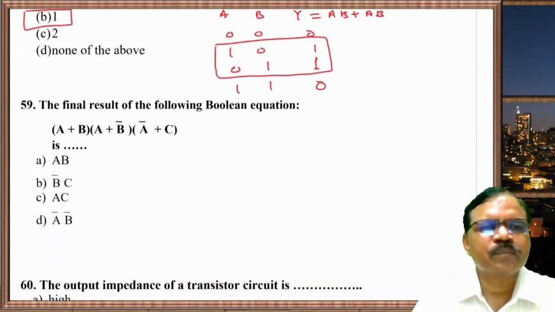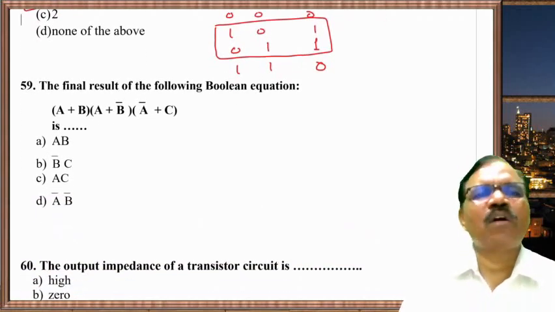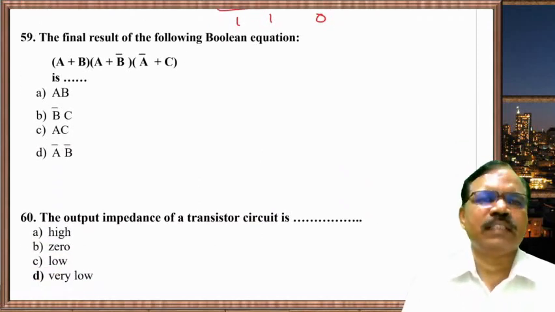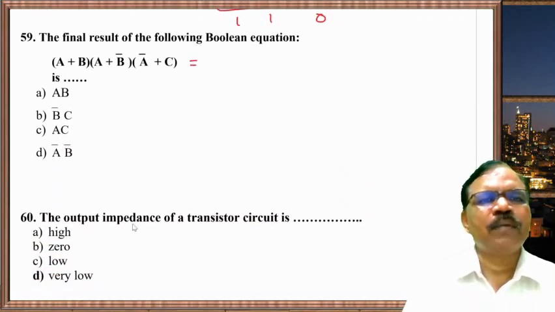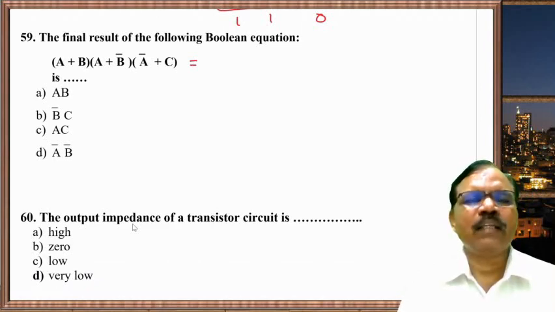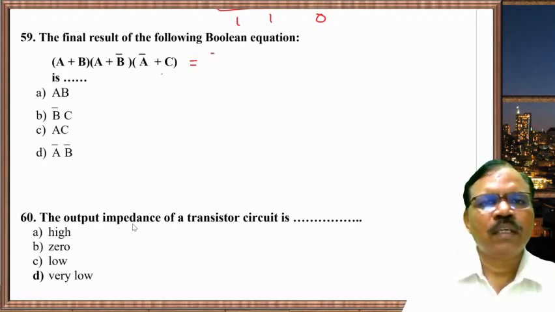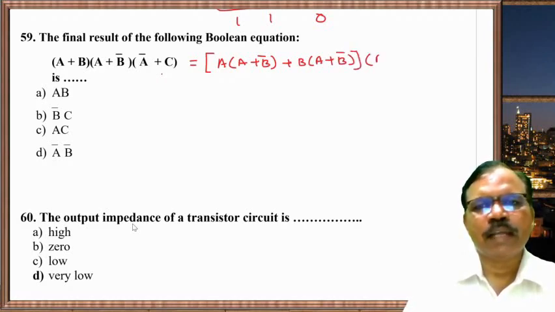Now the next one: the final result of the following Boolean equation. Here (A plus B) in the first bracket into (A plus B bar) in the second bracket into (A bar plus C) in the third bracket. We can take the first two brackets and multiply them.